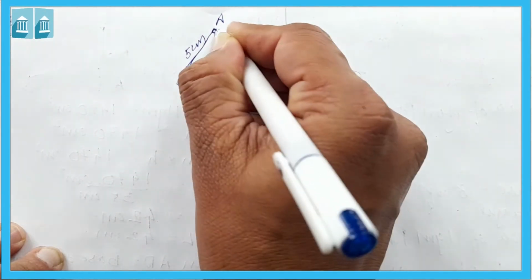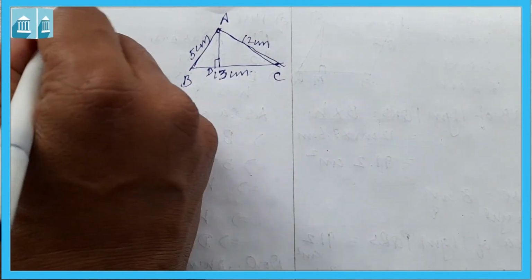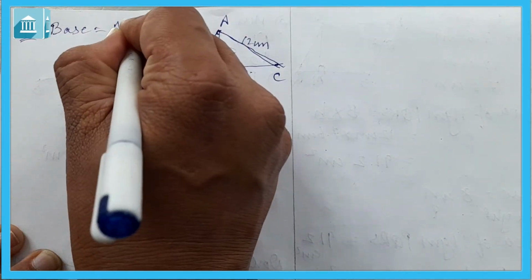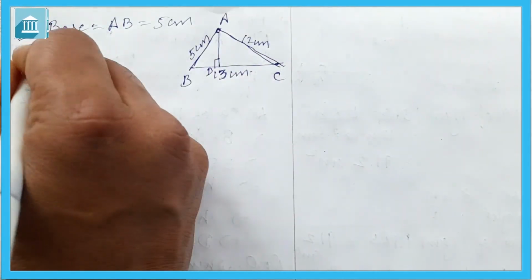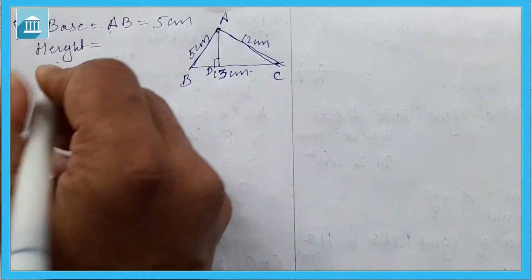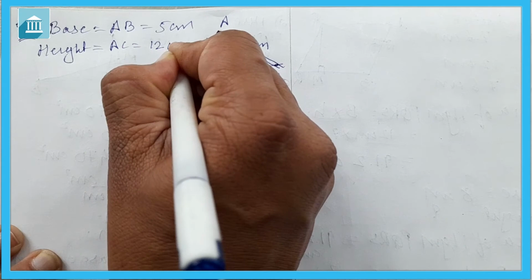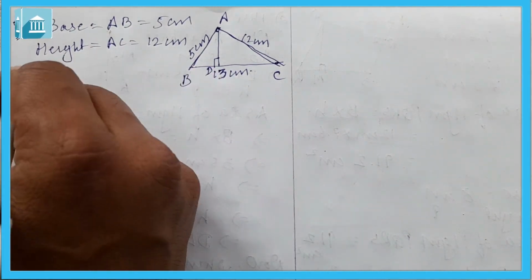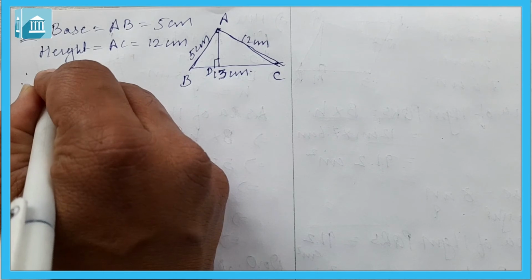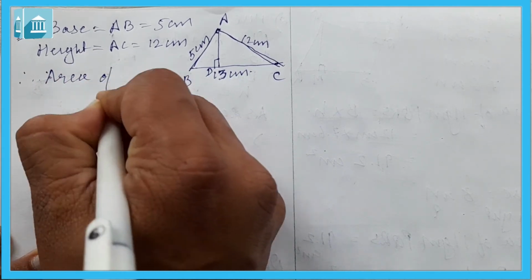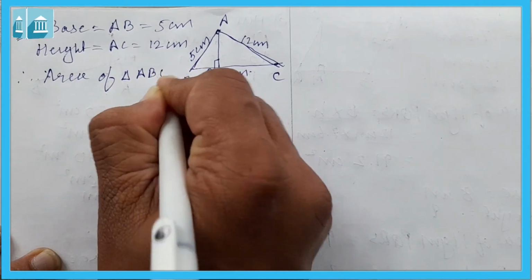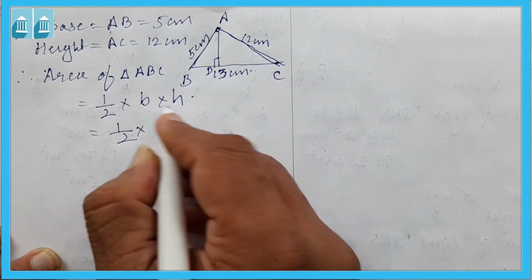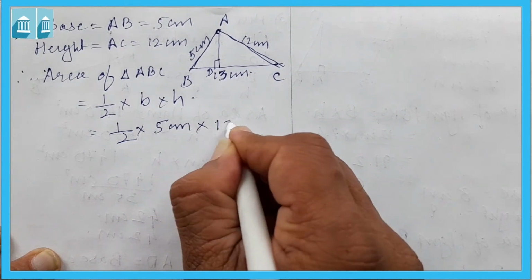Now here, first it is a right angle triangle. So if we take base equal to AB, which is 5 centimeter, and height equal to AC, which is 12 centimeter, then the area of triangle ABC is equal to half into base into height, which is half into 5 centimeter into 12 centimeter.